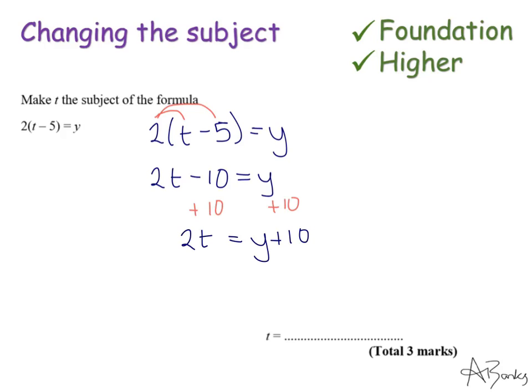And then again I need to get a singular t, not 2t, so I'm going to divide by 2. That'll give me t equals y plus 10 all over 2.